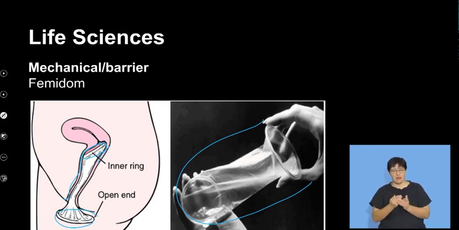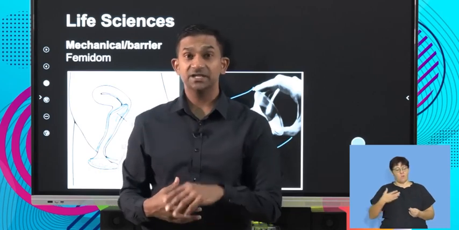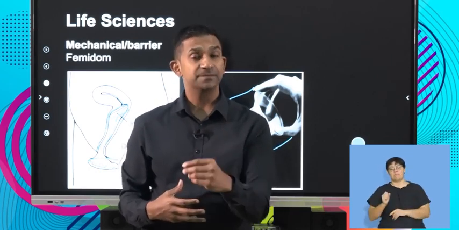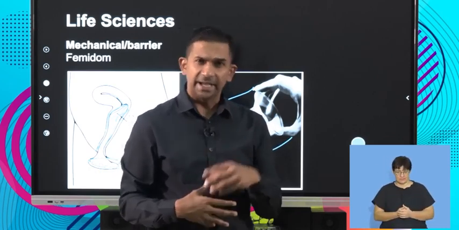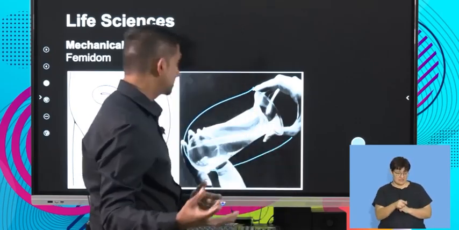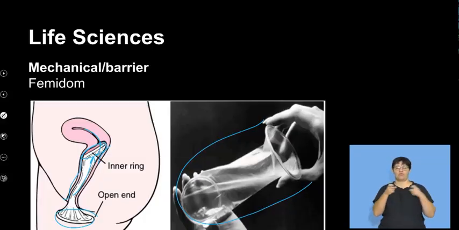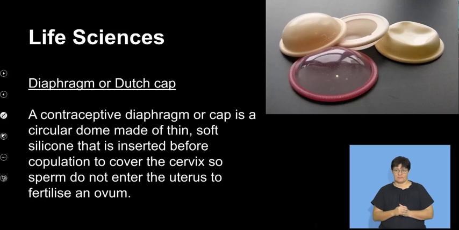Just before copulation this is inserted, and this prevents the movement of sperm into the uterus. So a femidom allows a female to control when she inserts it and prevents sperm from entering. Again, it's a mechanism that allows the female to have more control of this process.